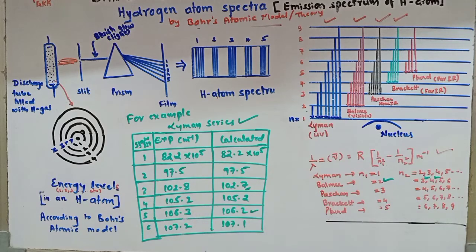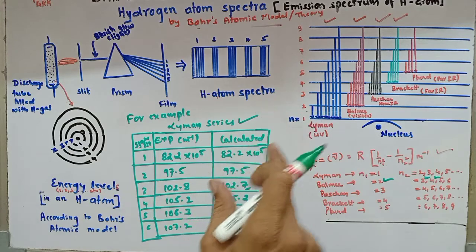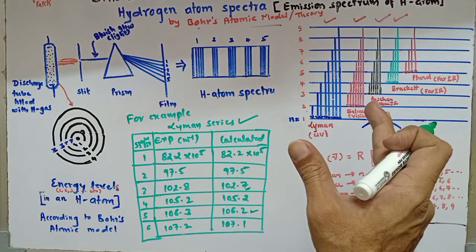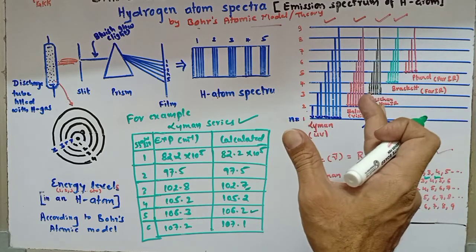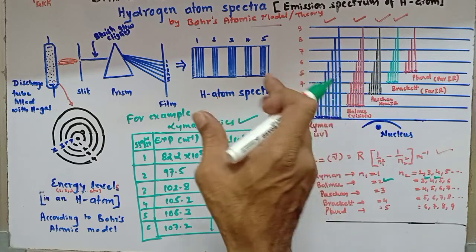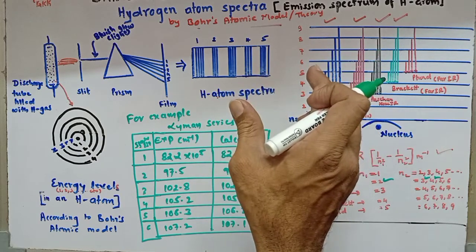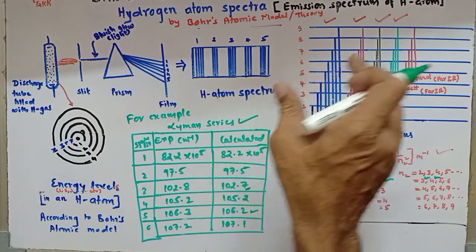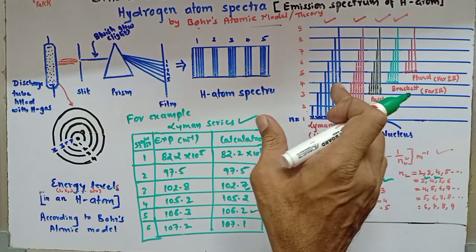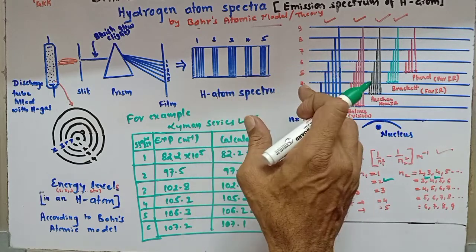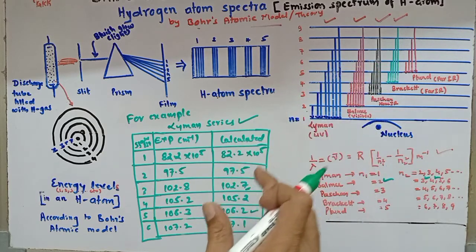So this is how Bohr atomic theory has successfully explained atomic structure, that means the arrangement of fundamental particles in an atom. The Bohr atomic model has also given an expression to calculate the radius of the nth orbit as well as the energy associated with an electron present in the nth orbit, and it has also shown how to calculate the frequency of emitted radiation when the electron jumps from a higher energy level to a lower energy level.